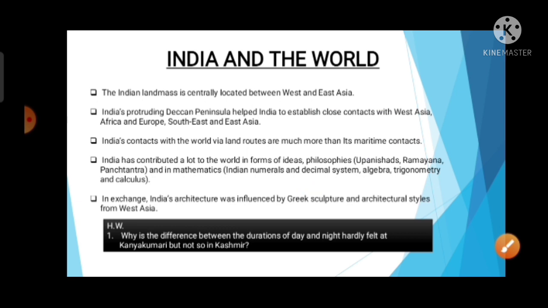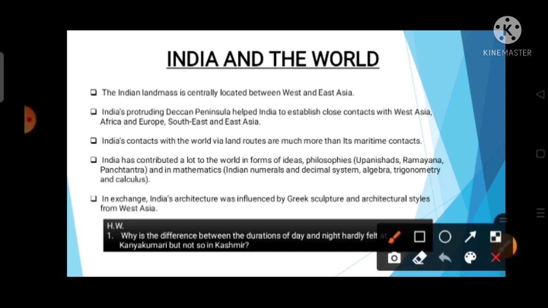So we have studied about the location of India. We have studied about the size of our India. Now I will teach you India and the world. In this section, we will study about the relationship between India and the world. The Indian landmass is centrally located between West and East Asia.